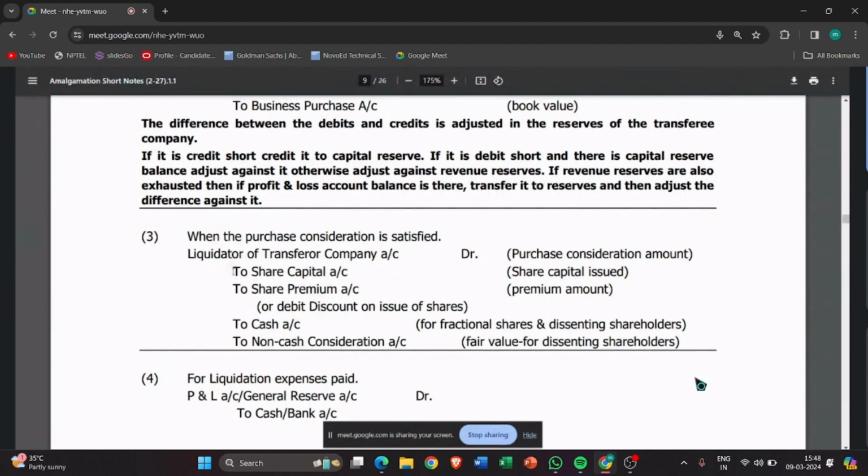And whatever is the amount of cash being paid off will be written as to cash. So to share capital, to cash, to assets or any other consideration which is being given to the shareholders.